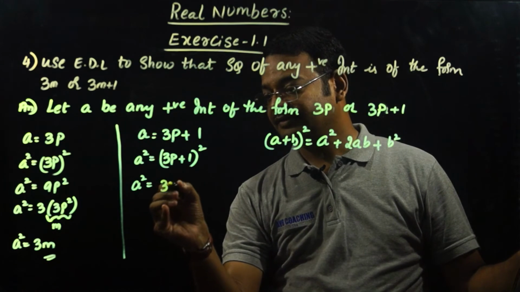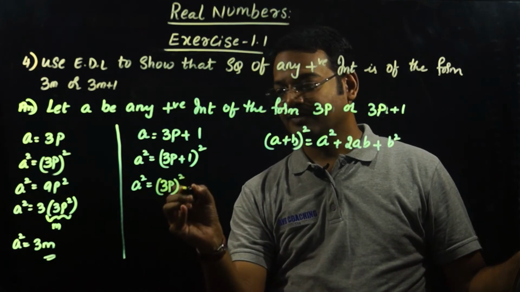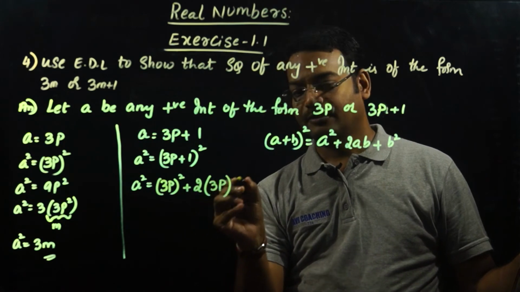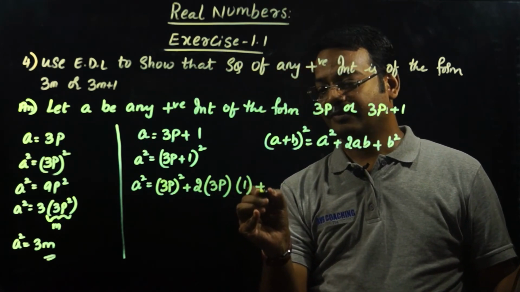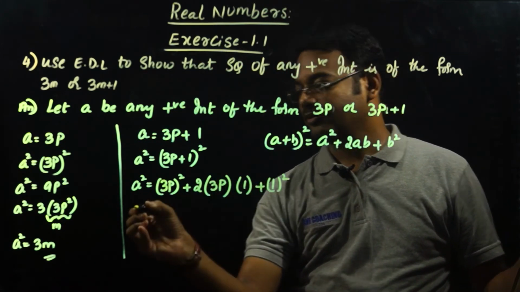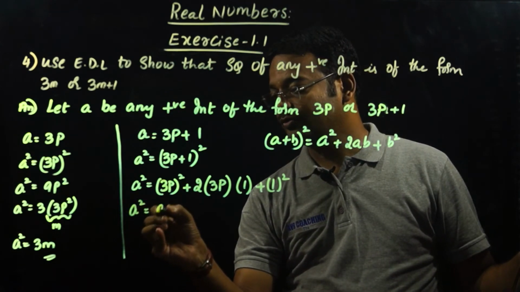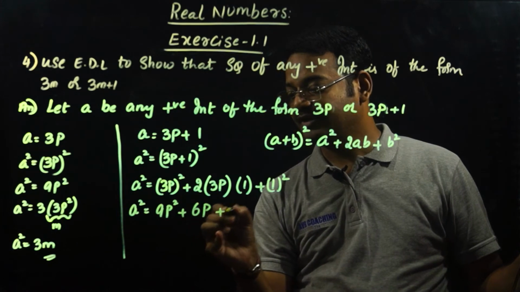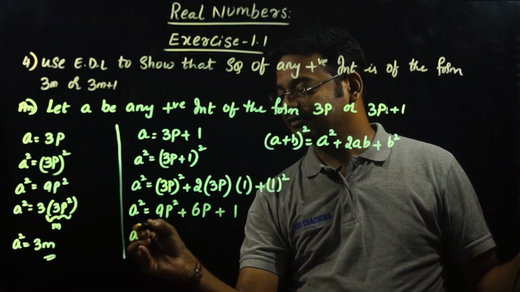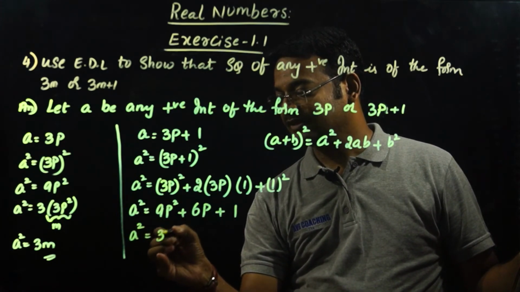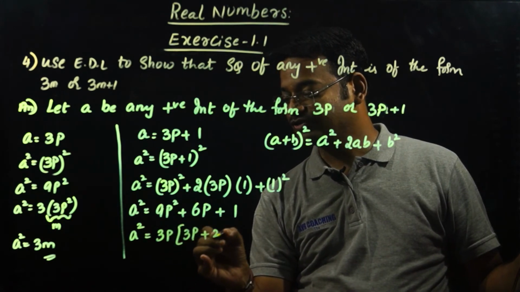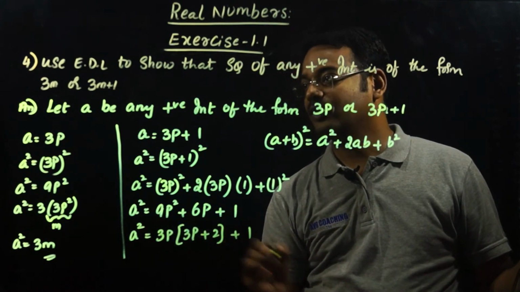Now A is 3p, so A square plus 2A, where A is 3p and B is 1, plus B square. Now A square is equal to 9p square plus 6p plus 1. Here if we take 3p common, this will be 3p(3p plus 2) plus 1.